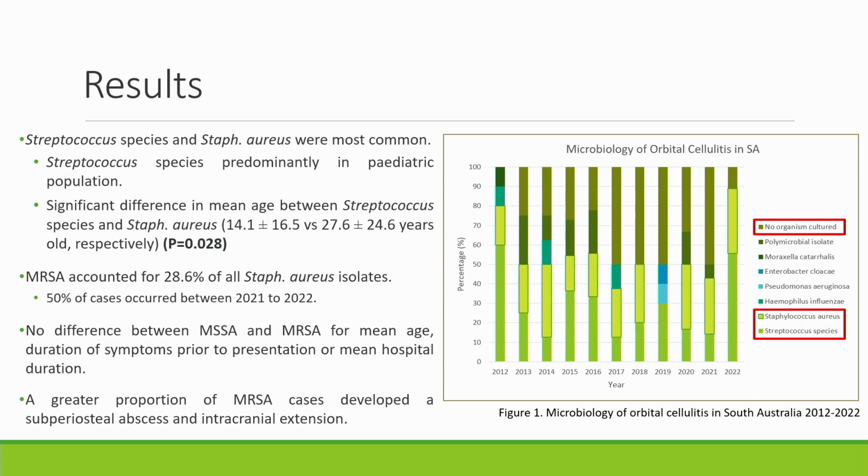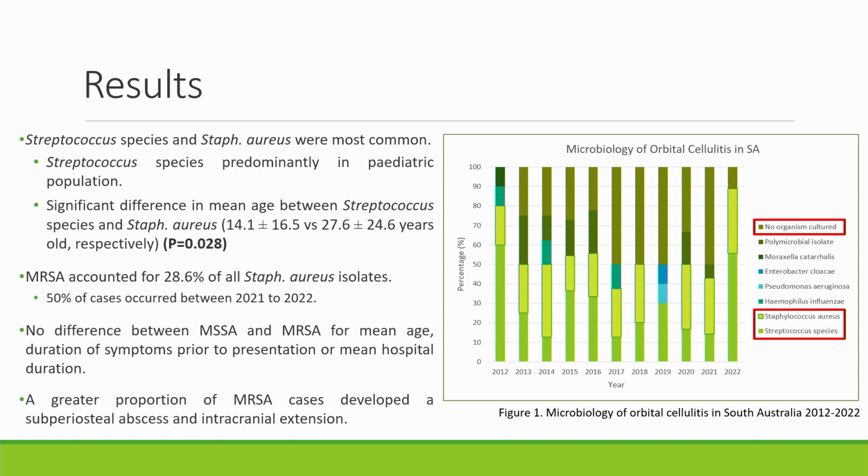So Streptococcus species and Staph aureus were both the most common organisms identified yearly, and proportions of isolated organisms remained relatively similar throughout the study period. Streptococcus species predominated in the pediatric population, and there was a statistically significant difference in mean age between strep species and Staph aureus.